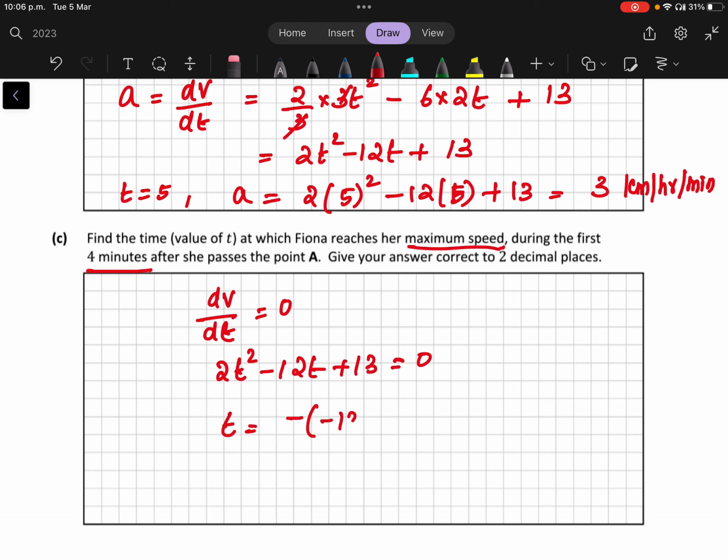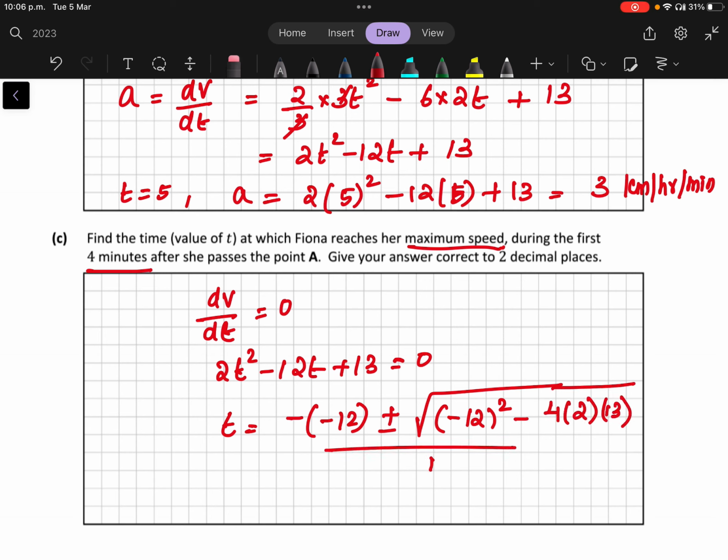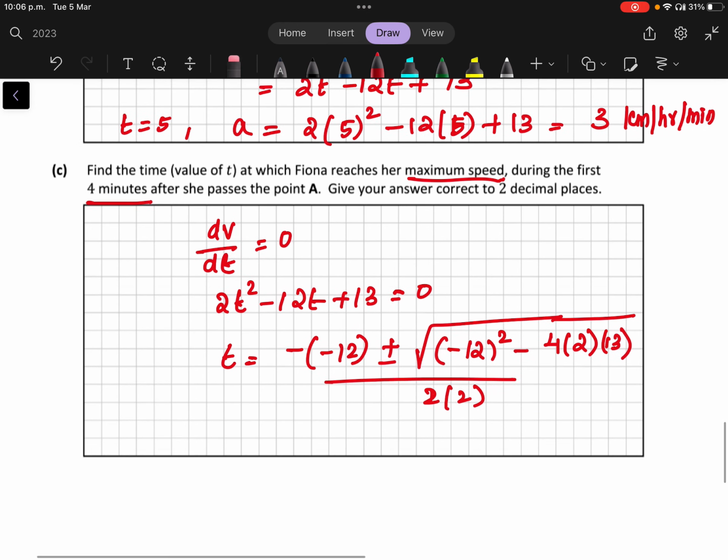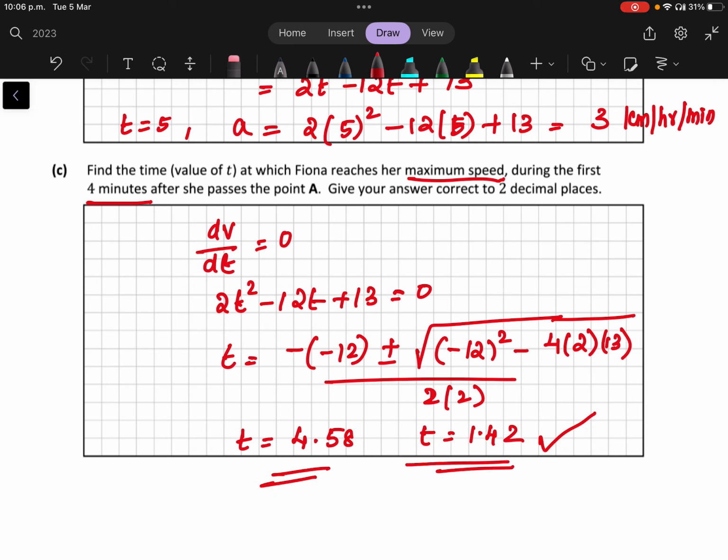So it is minus of minus 12 plus or minus square root of minus 12 square minus 4 times 2 times 13, over 2 times 2. Then you can get the values as t is equal to 4.58 or t is equal to 1.42, and the maximum will be at 1.42.